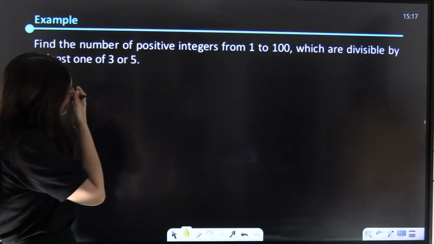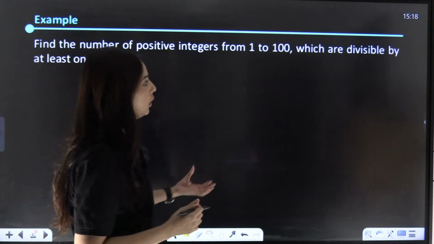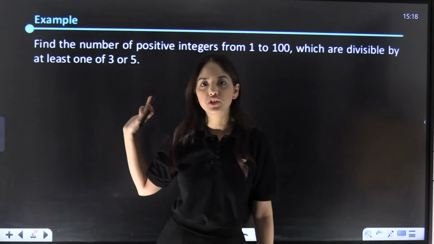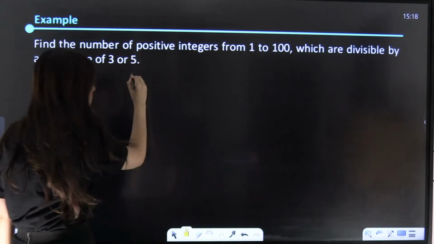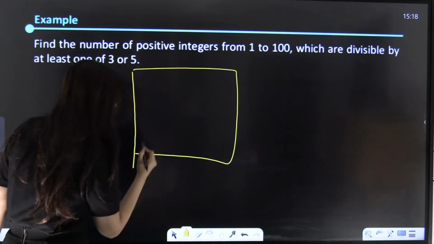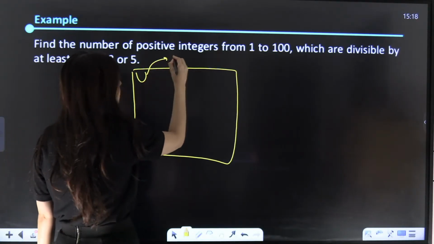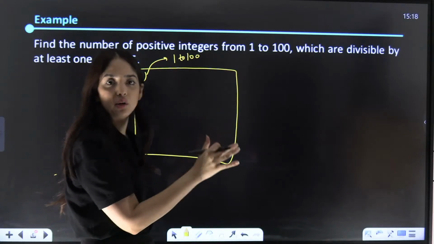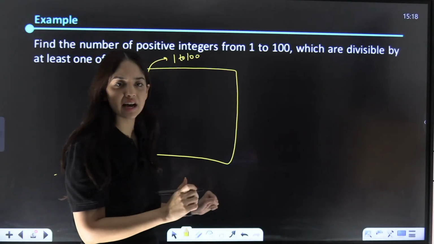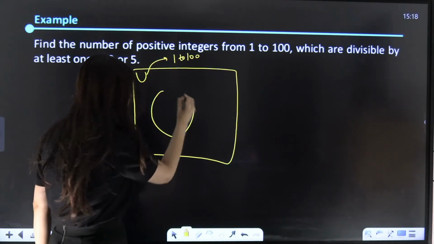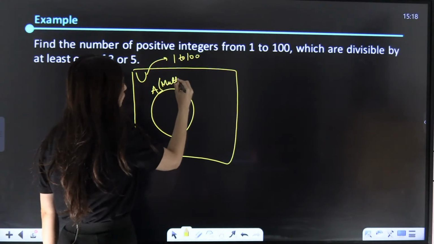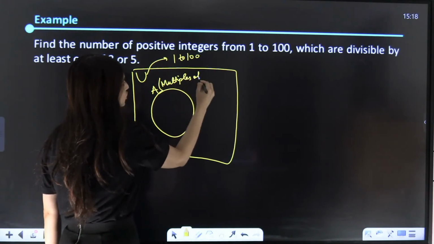Find the number of positive integers from 1 to 100 which are divisible by at least one of 3 or 5. That means in our Venn diagram, U is 1 to 100, all positive integers from 1 to 100. We are talking about all these natural numbers. A is multiples of 3.